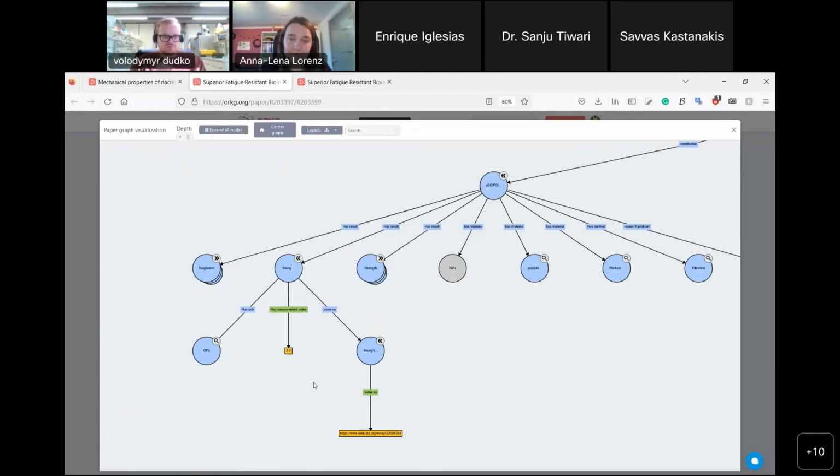Another point I wanted to highlight is that at the beginning of ORKG, I encountered certain problems with terminologies. It could be a little bit hard when people use Young modules, Young's modulus, and so on and so forth, where they mean the same thing, but the computer sees it differently.